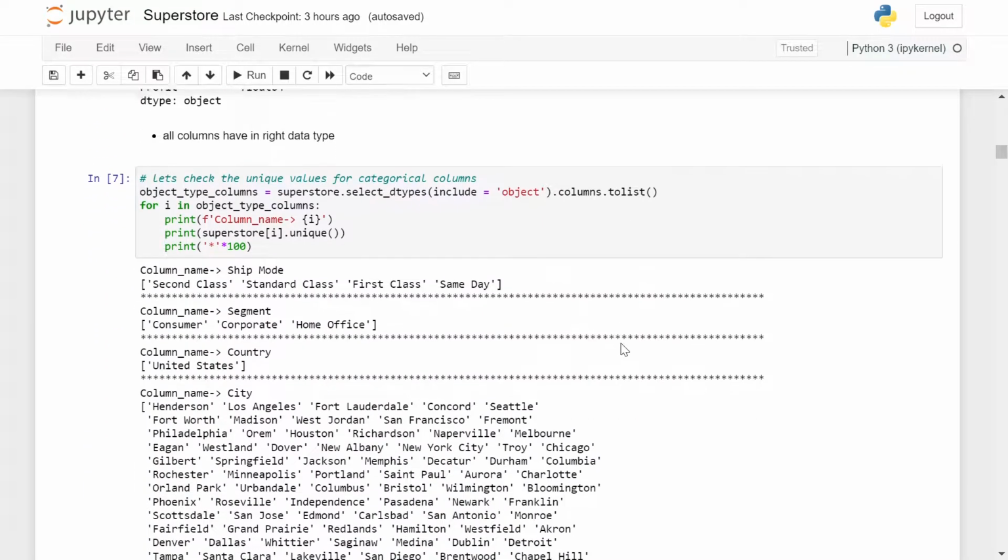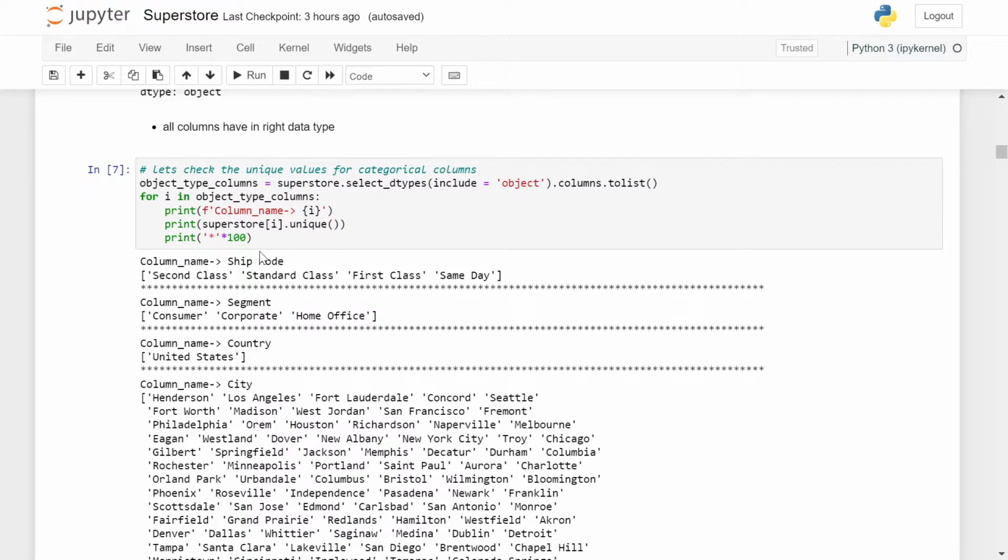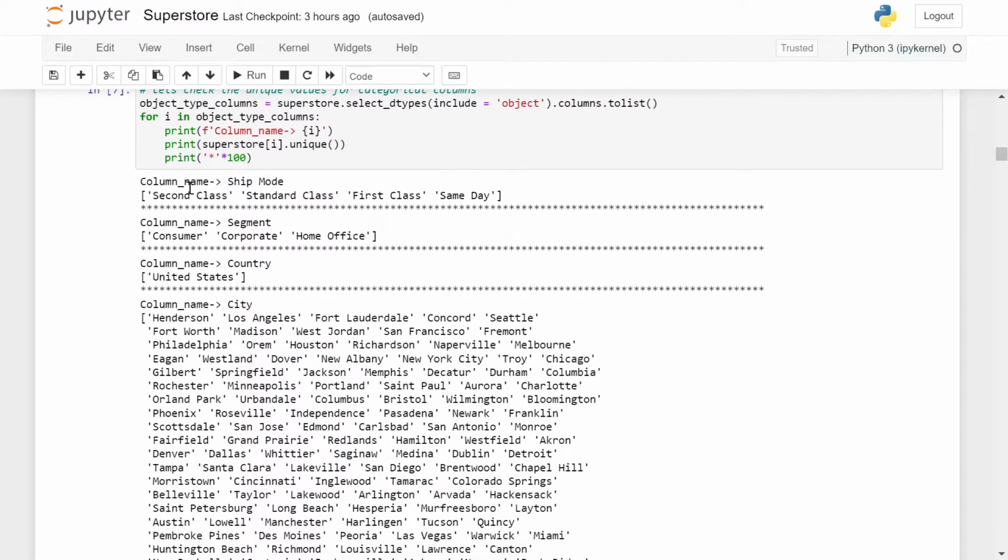Then for all those categorical columns I did a unique count to see what are the unique values present in each categorical column. So here we can see in ship mode we have second class, standard class, first class, same day. In segment we have consumer, corporate, home office.